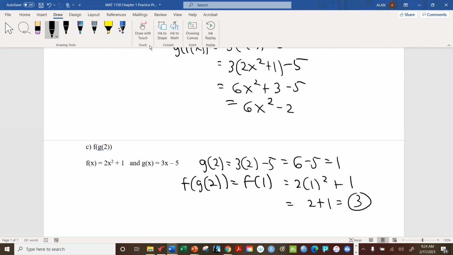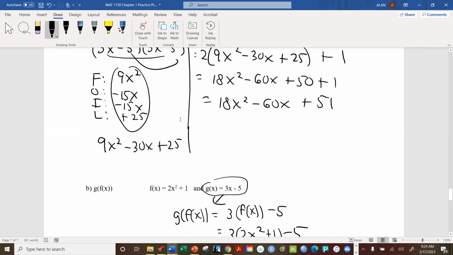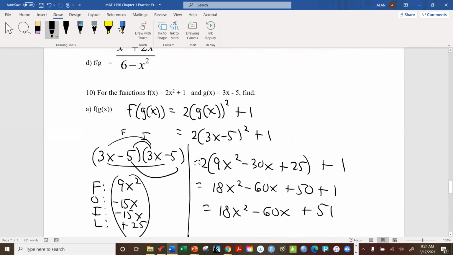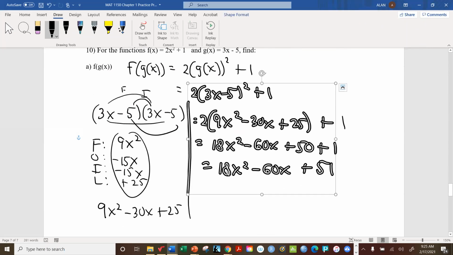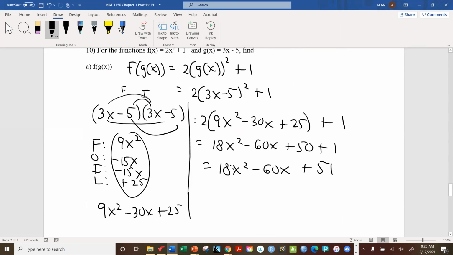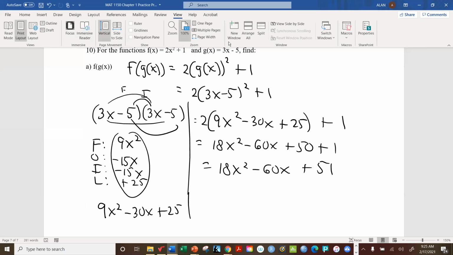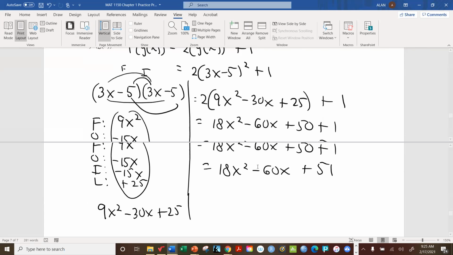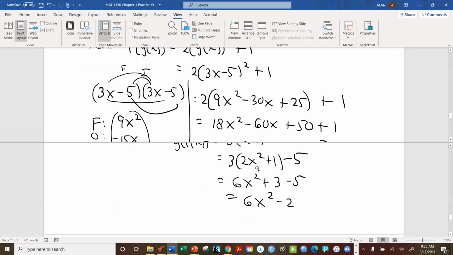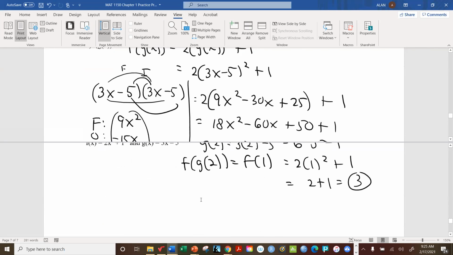Now, what you could have done instead, since we've already calculated f of g of x, is take that and copy it down here to show you that you would have wound up with the same result.